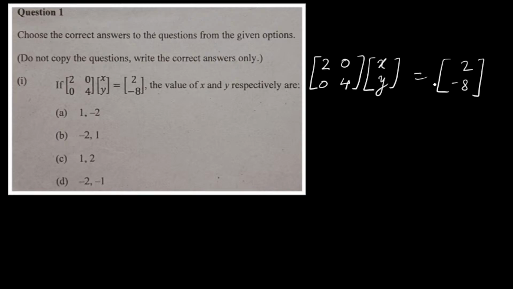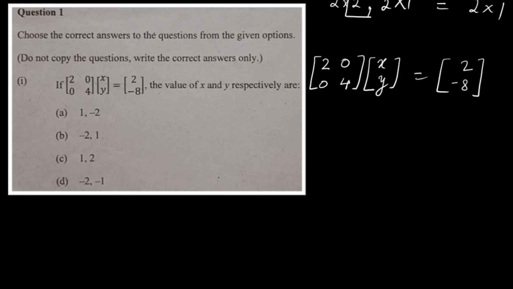What is the order of the first matrix? Yes, it is 2 into 2. And what about the matrix with which it is getting multiplied, the x y matrix? This is 2 into 1, and the resultant matrix is also 2 into 1.